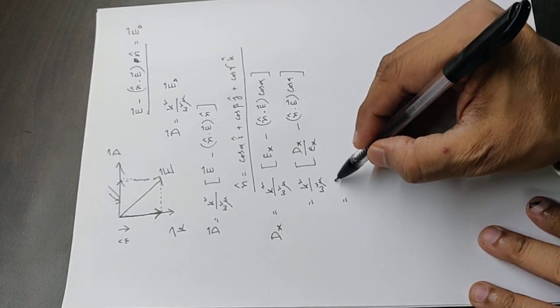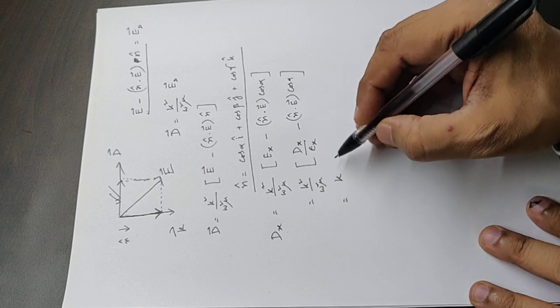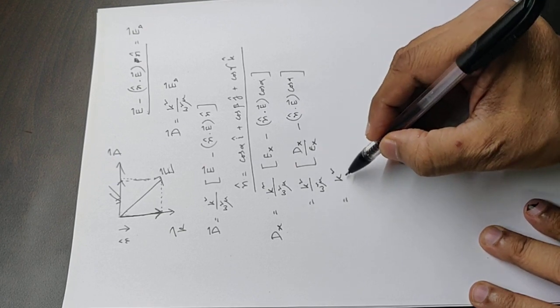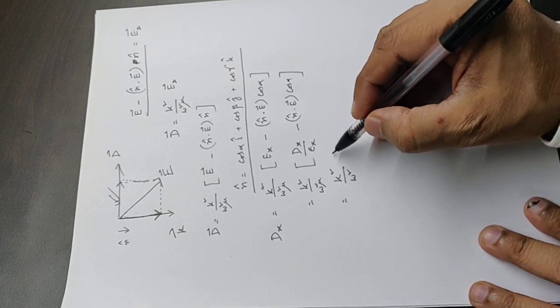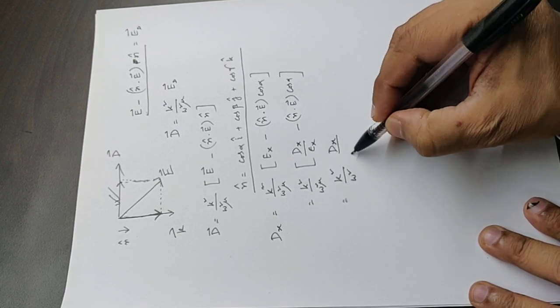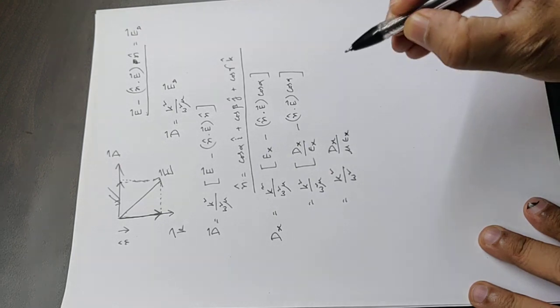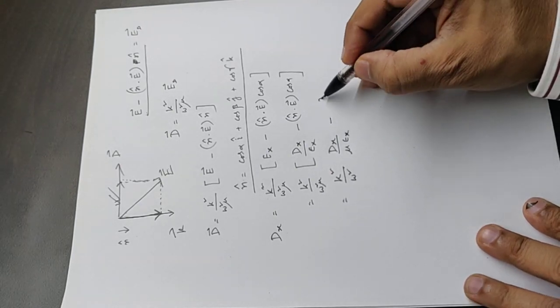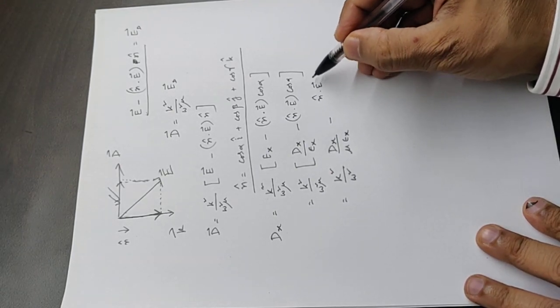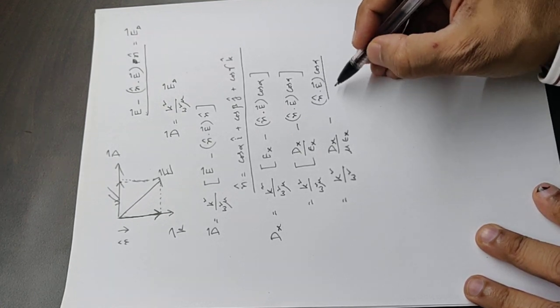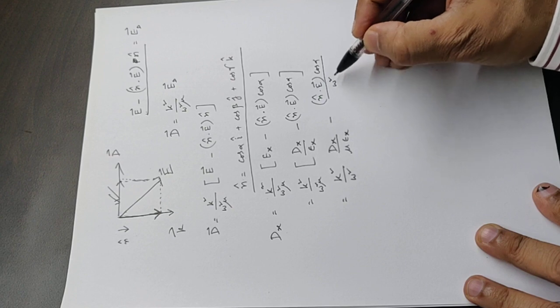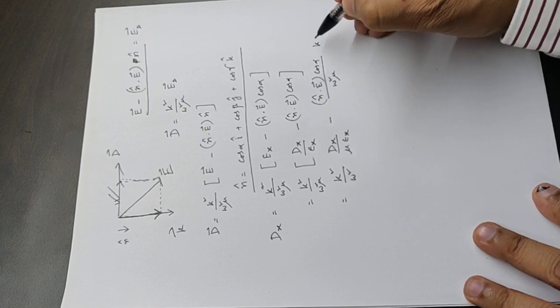k square by omega square, and this will be dx by mu into epsilon x minus n dot E cos alpha divided by omega square mu into k square.